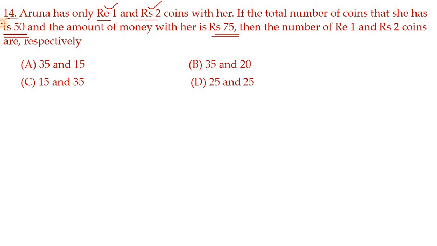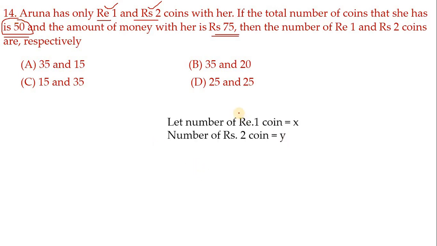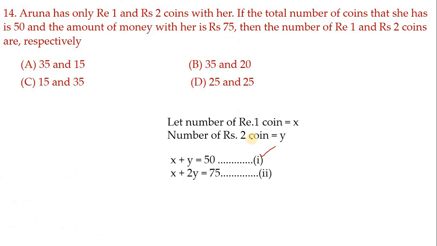By using the total number of coins, we have to form the first equation. Here we don't know the number of coins of rupee 1 and rupee 2, so we take the number of 1 rupee coins as x and the number of 2 rupee coins as y. So the sum of these two numbers is how much? 50. So x plus y equals 50. This you call equation number 1.